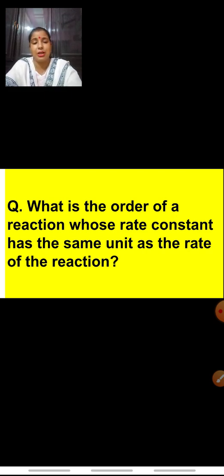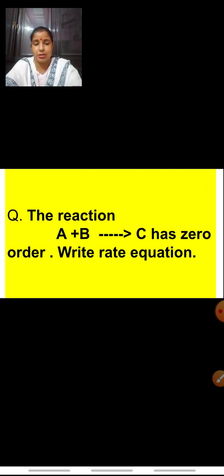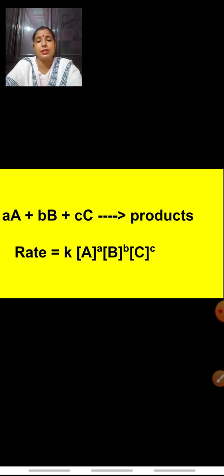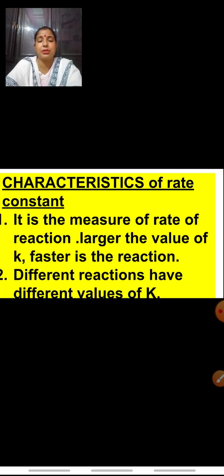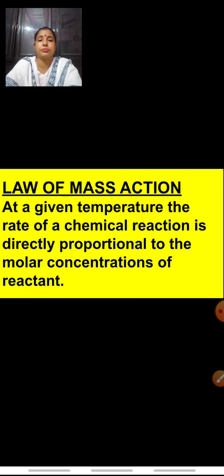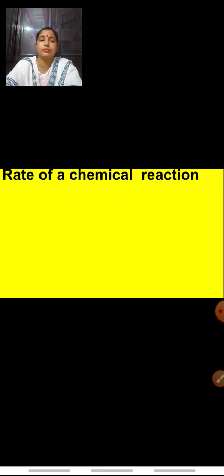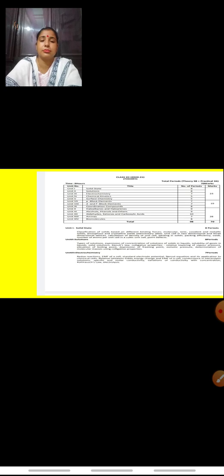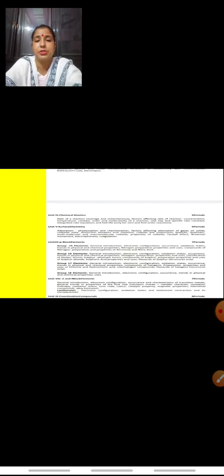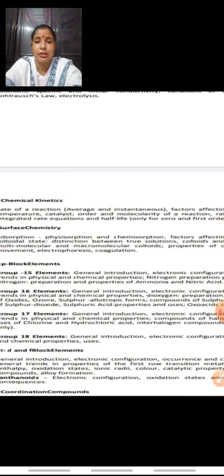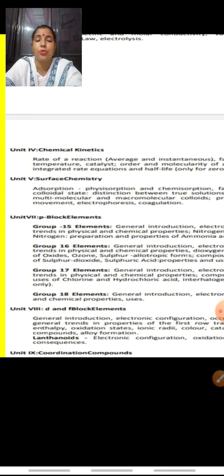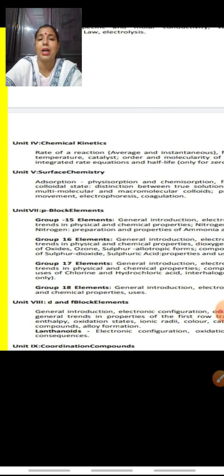Now children, let us once again have a look at the syllabus for this chapter. See children, chemical kinetics. Let us see what all topics we have covered and what all are left.